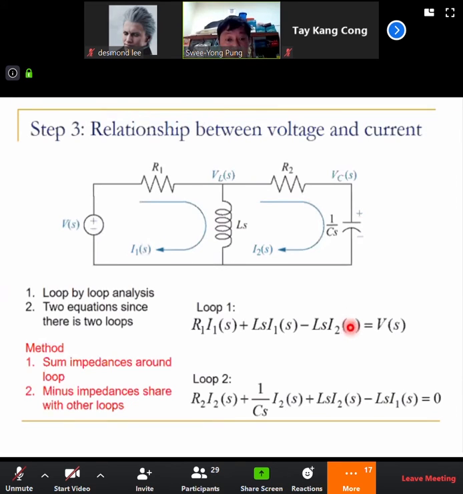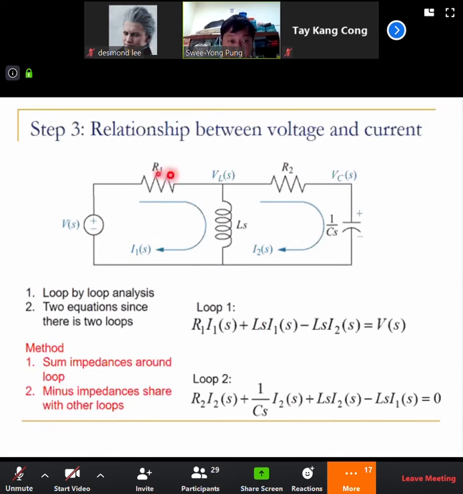Right. So next thing we need to do is to build the equations. Generally, if we have two loops, we can build two equations, one from each loop. So what you do is sum impedance around the loop, and then we minus impedance shared with other loops.